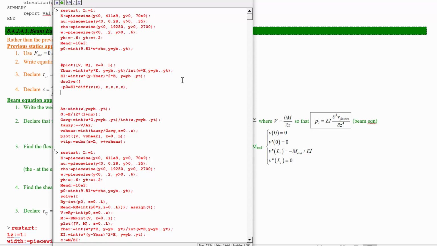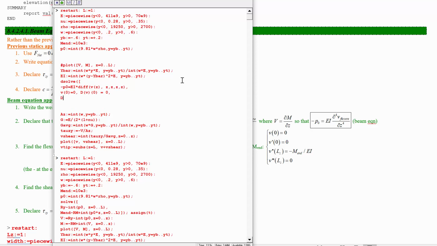Then we've got some boundary conditions. So we have V at 0 is 0, D of V at 0 is 0. We have D2 of V at L, did I just call it L? Yeah, L is equal to negative M_end over EI.